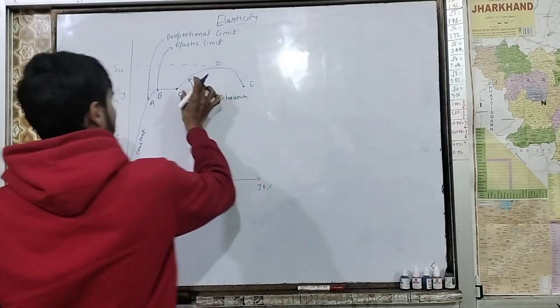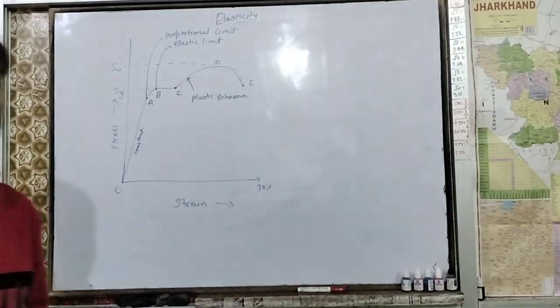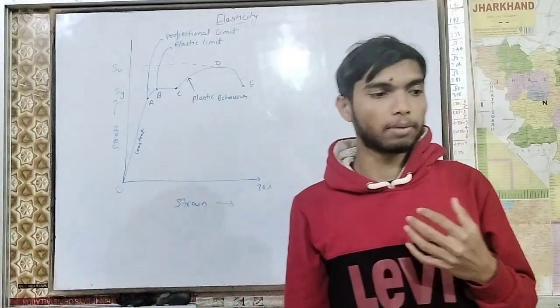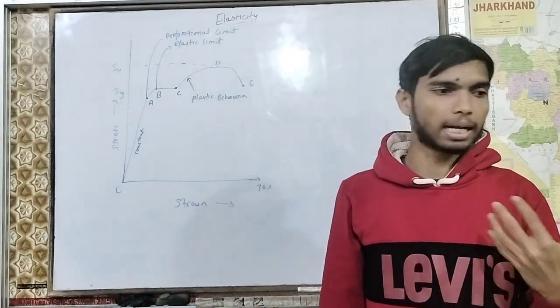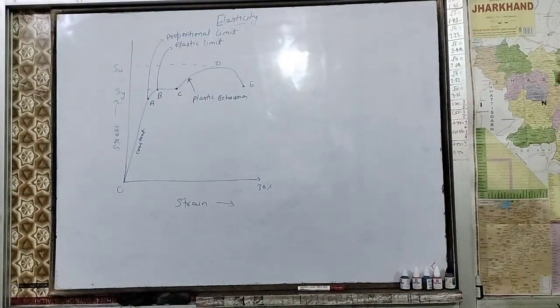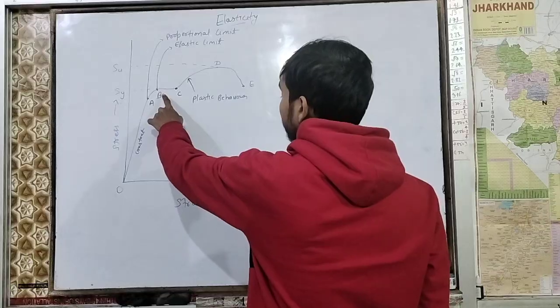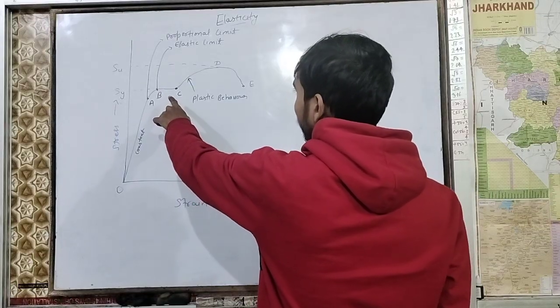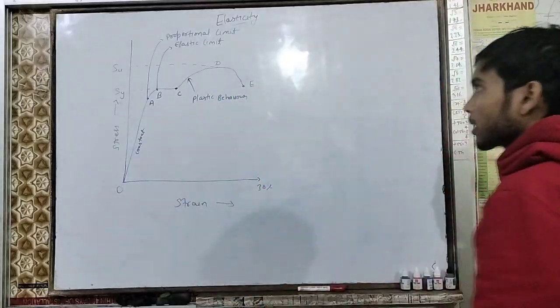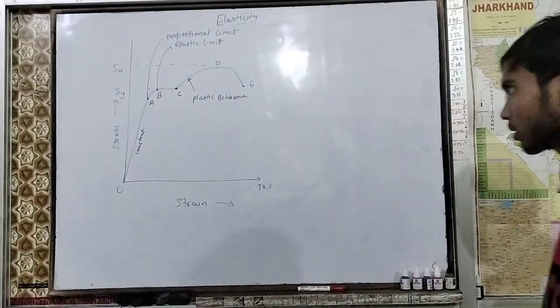Beyond C it is acting like plastic, so after B it becomes a plastic material.